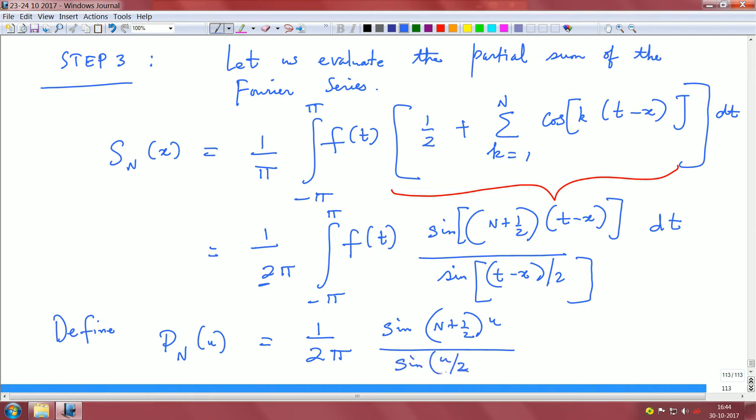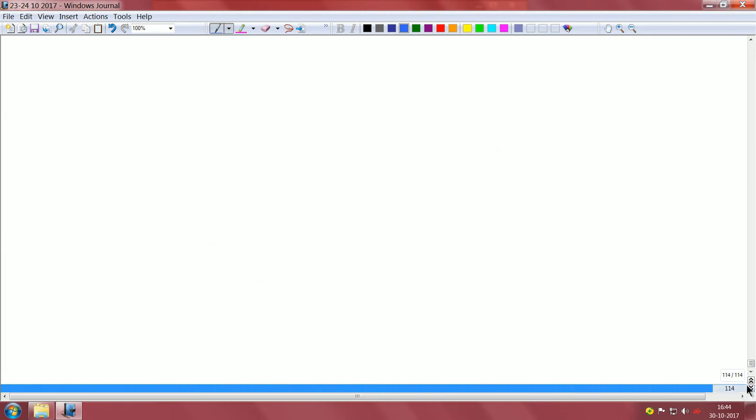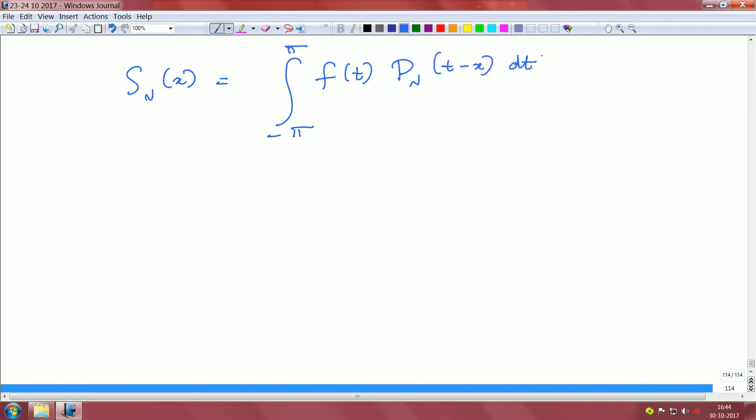If I define this function Pn of u in this form, then I can write Sn of x as integral minus pi to plus pi f of t Pn t minus x dt. This is our sort of simplified form, but let us go one step further.